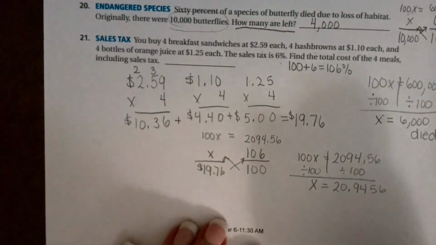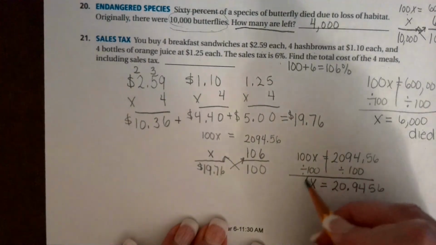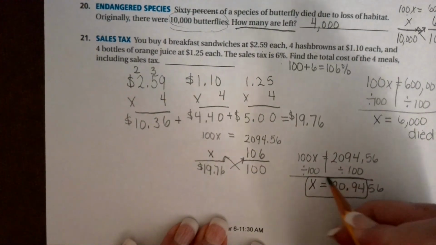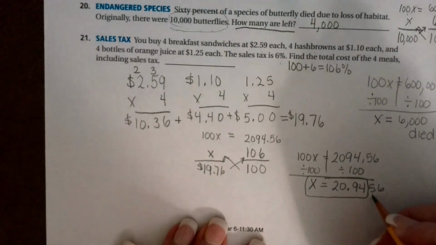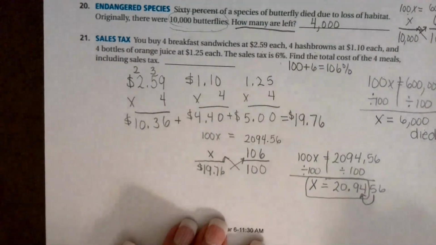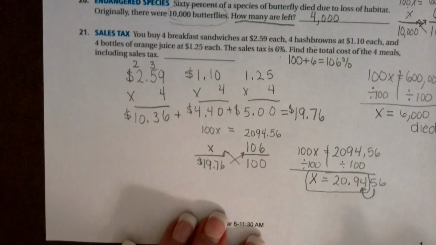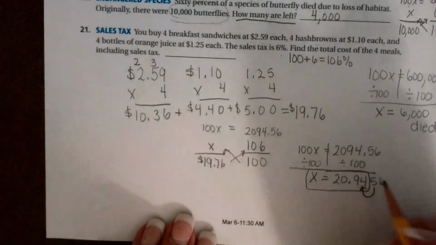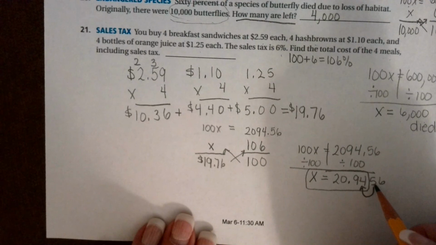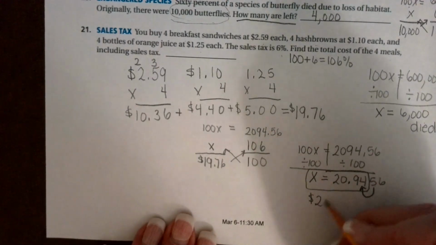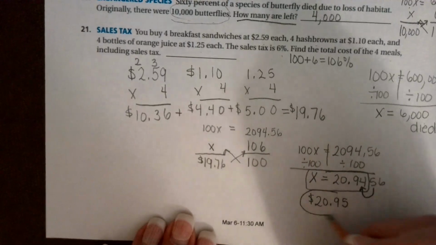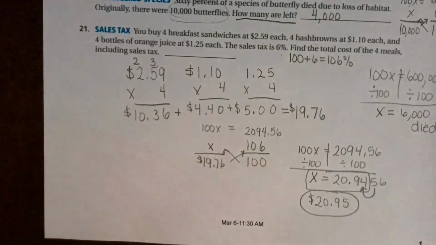And if you'll recall, money is only out to the second spot after the decimal. And then I'm looking at this 5 to decide whether that 4 is going to stay the same or whether I'm going to round it up. If that number that's right after the 4 is 5 or higher, then my number goes up. So I'm going to be paying $20.95 for my meal with the tax included.